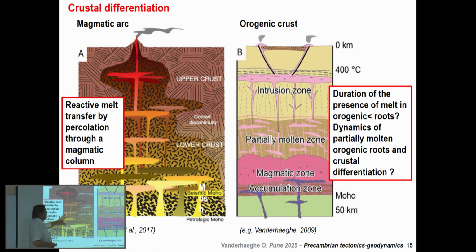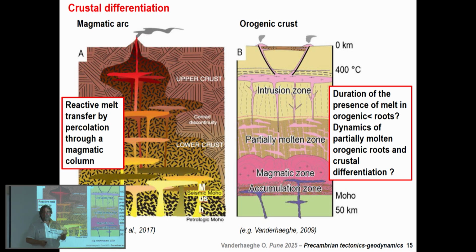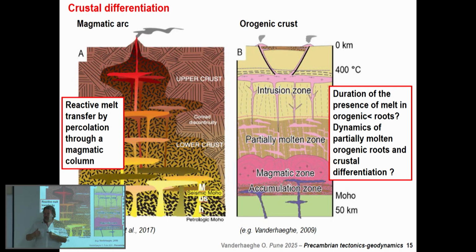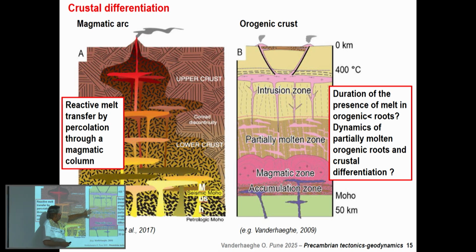And that's mostly invoking juvenile magmatic accretion from mantle-derived magmas along magmatic arcs, and that might be a good model for that. In orogenic belts, the story is more complex. We have a pre-existing crust, so there it's mostly crustal reworking, deformation, increase in temperature, melting, and then melt-crystal segregation.